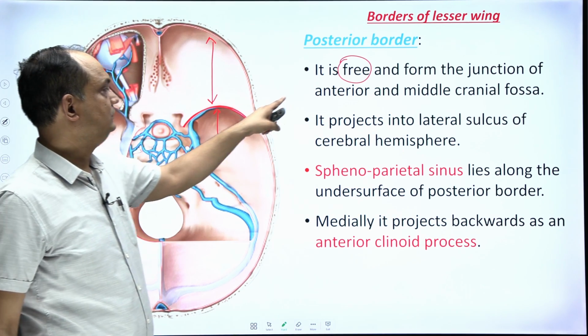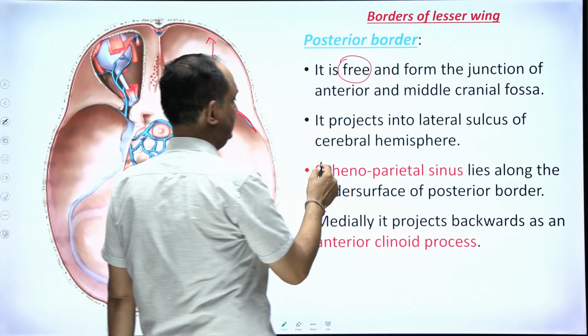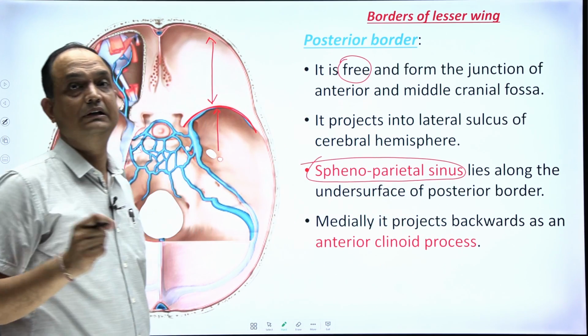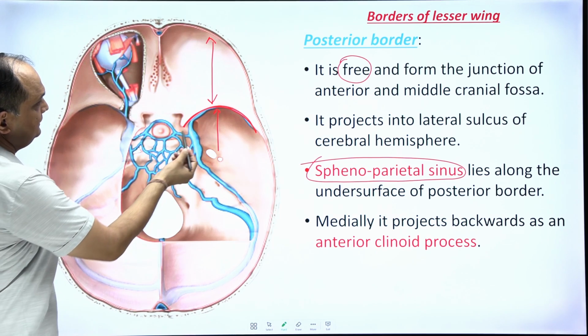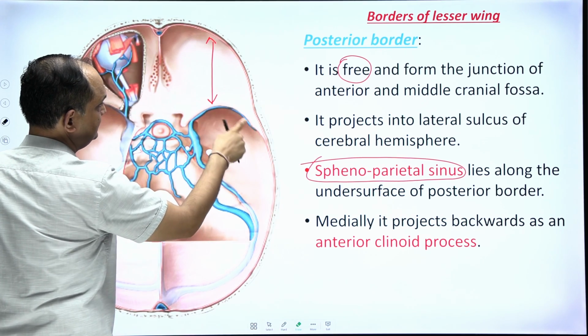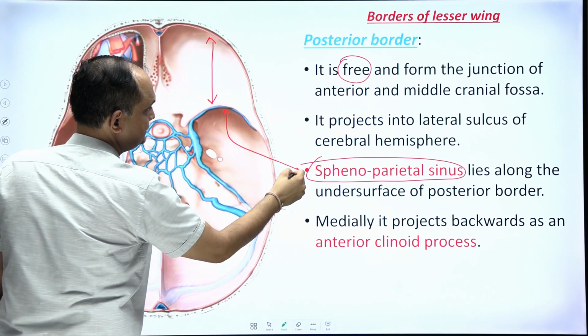Clear? This is a free border and along this border you will find a sinus known as the sphenoparietal dural venous sinus. Here you can see a blue line along the posterior margin, and this is the sinus. What is the name of this sinus?